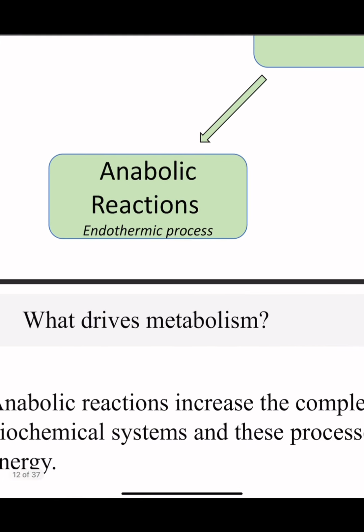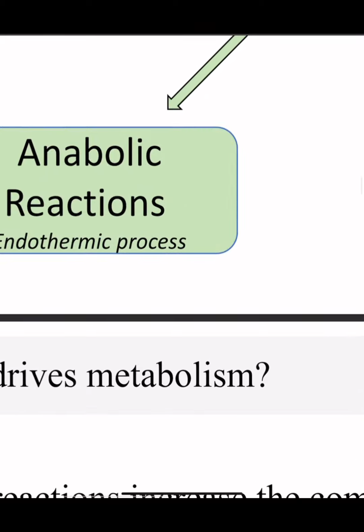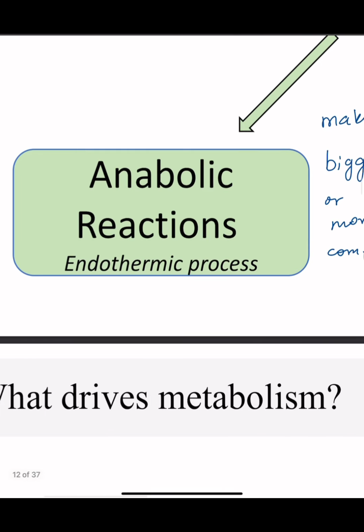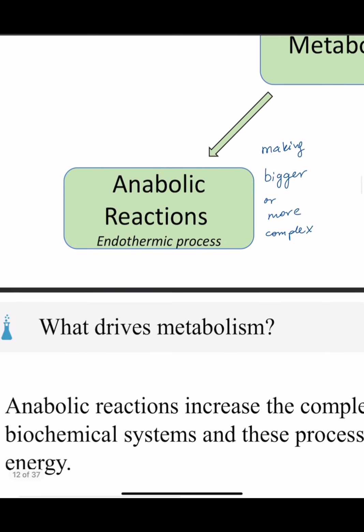Anabolic basically means that you make bigger, more complex structures. And this requires energy to build something, right? That's why this process is called endothermic, meaning we gotta put energy inside.